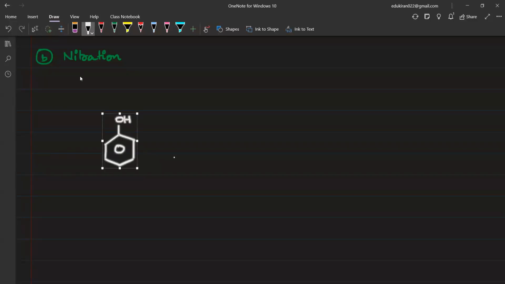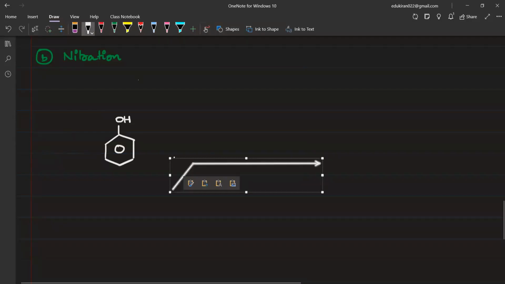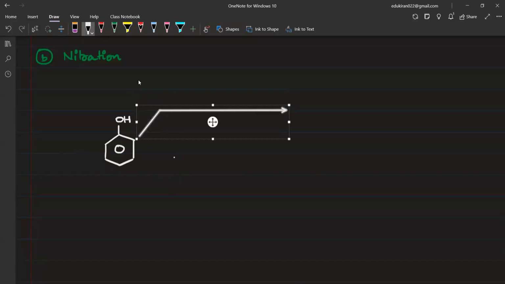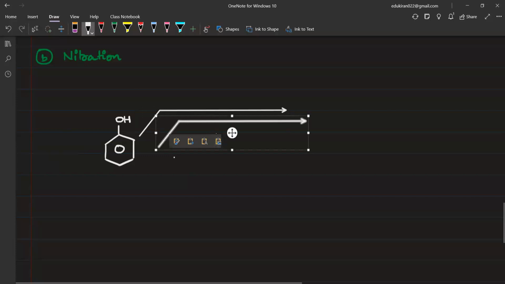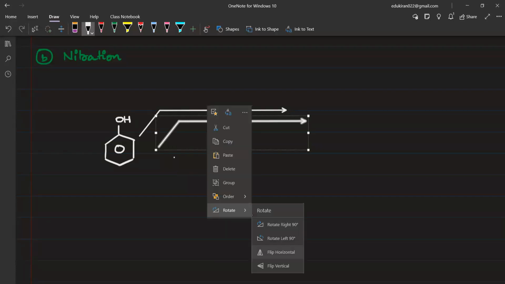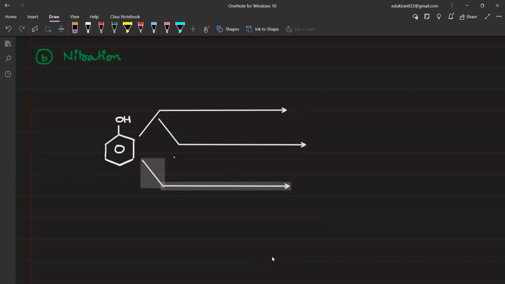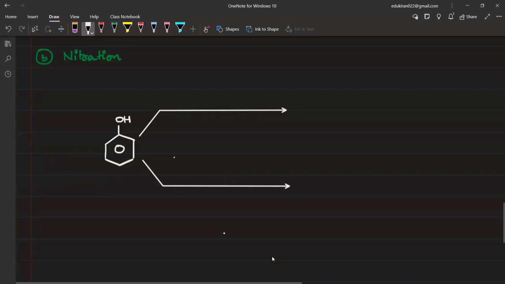If I use the dilute, then I will get a different product. So phenol in the presence of concentrated HNO3, please write.